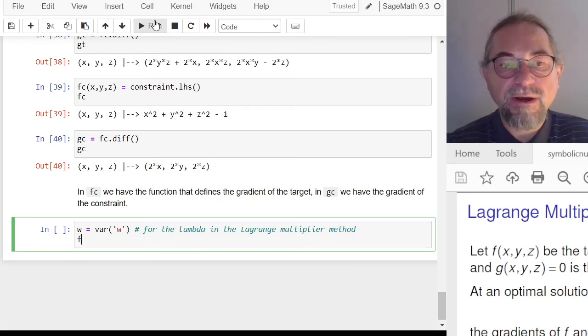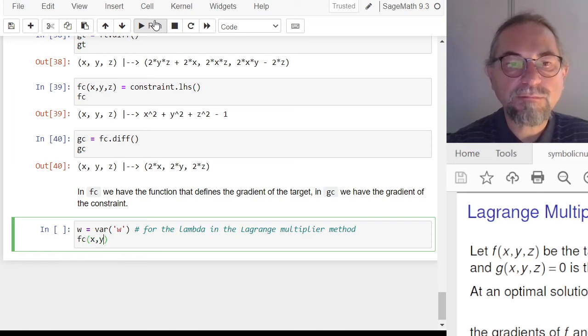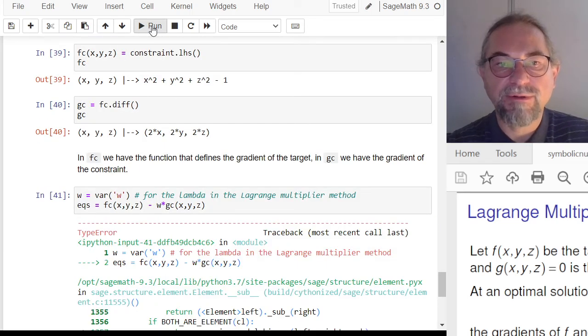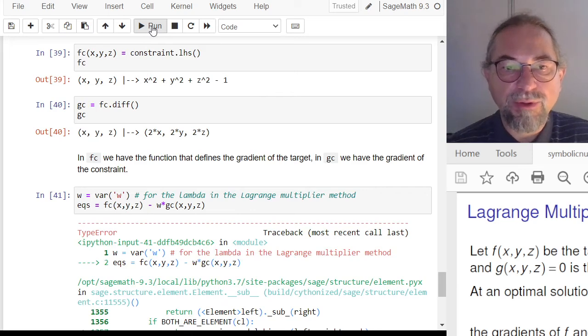So I have my expression for the gradient, and I will subtract from it the expression or the function. So I have the functions and I will turn them into expressions. Let's assign this to equations. And here you see the problem.